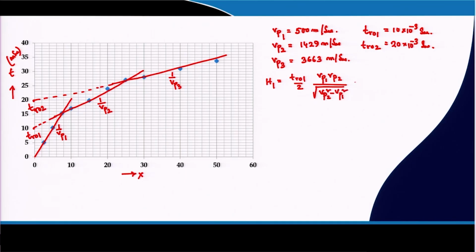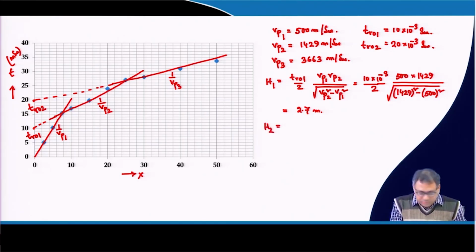So, if I put these values, that means 10 into 10 to the power minus 3 divided by 2, then 500 into 1429, then root over 1429 square minus 500 square. So, I will get the thickness 2.7 meter.